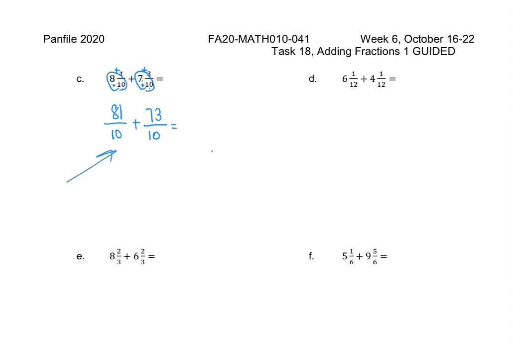Okay, we know our denominators match, so we're just adding the numerators. We're keeping our denominator, and we get 154. They're both even, so I'm cutting them in half. When I cut that in half, I get 5.